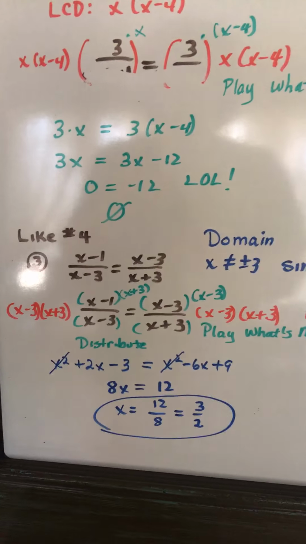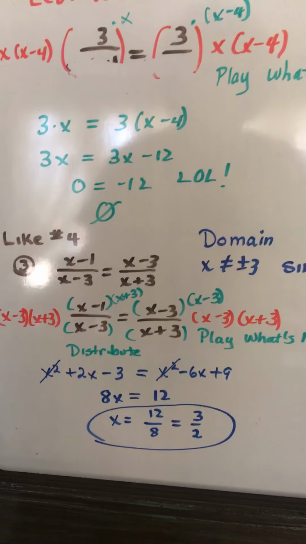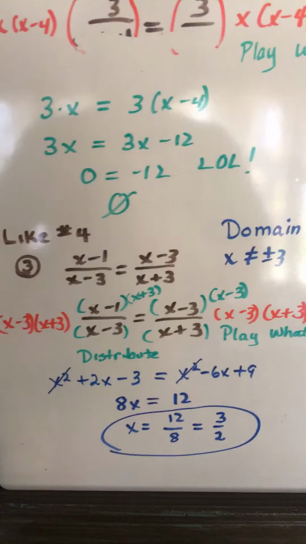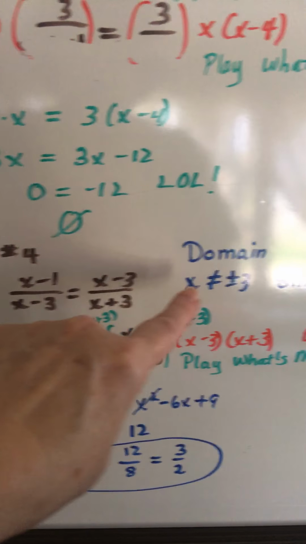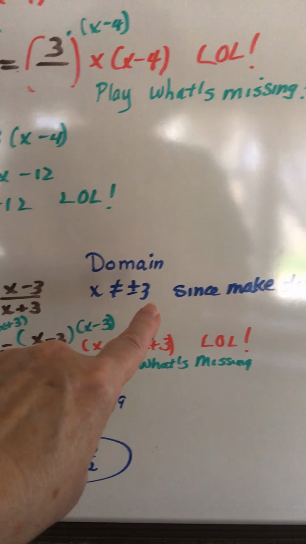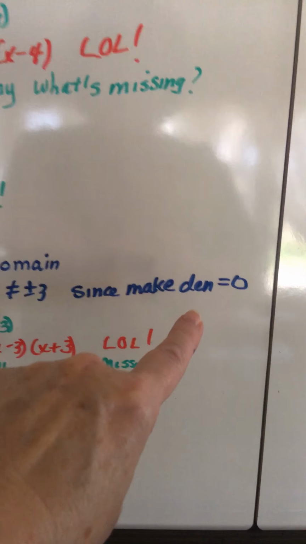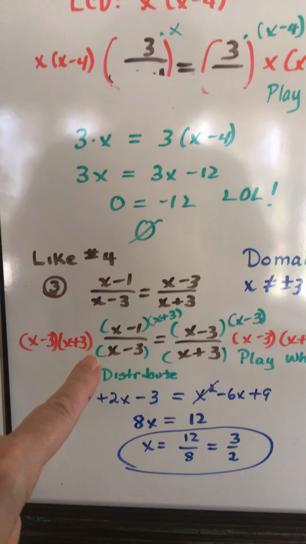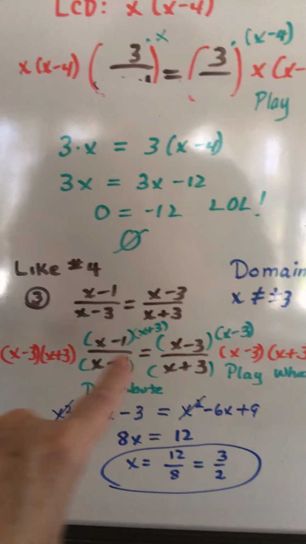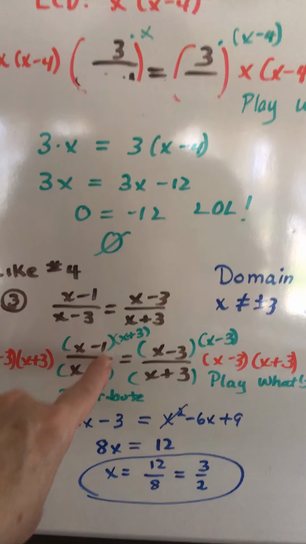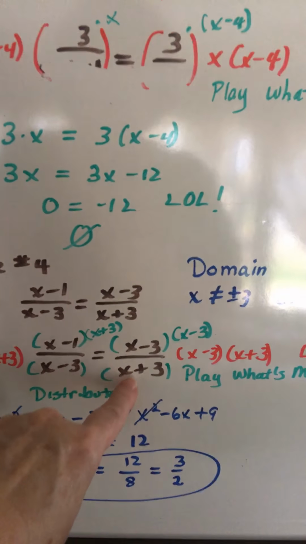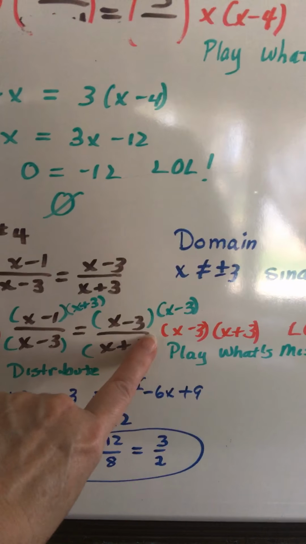Now we're going to go to this next problem, which is very much like problem 4. Number 3, again, they're my denominators. My domain says I can't be 3 or negative 3, since that makes the denominator 0. Books tell you you must multiply both sides, but we're going to say what's missing. x minus 3 needs x plus 3. x plus 3 needs x minus 3.